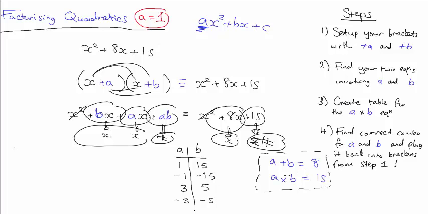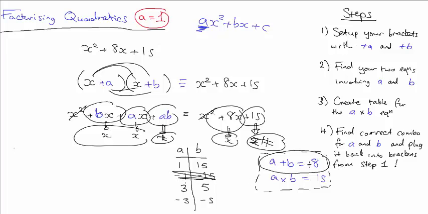Now, realistically, this is where I want you to start bringing your common sense. Because 15 is a relatively okay number. We'll see on the next example a real annoying one, 24. So you want to be a little bit smart, because we only want the a and b which add to give you positive 8.